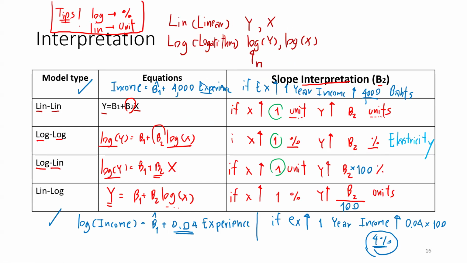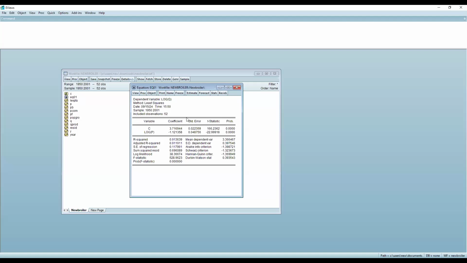But if I use log-linear, you have to multiply it by 100. Good point. Yes, it's elasticity.